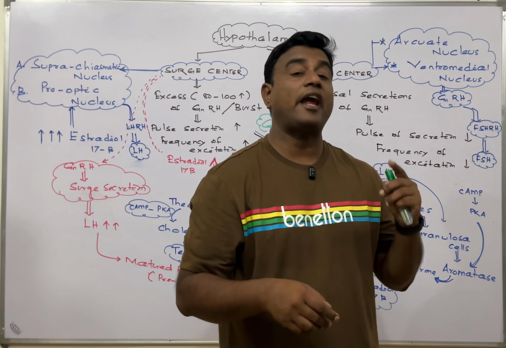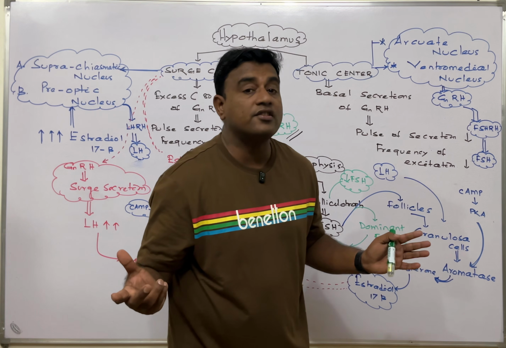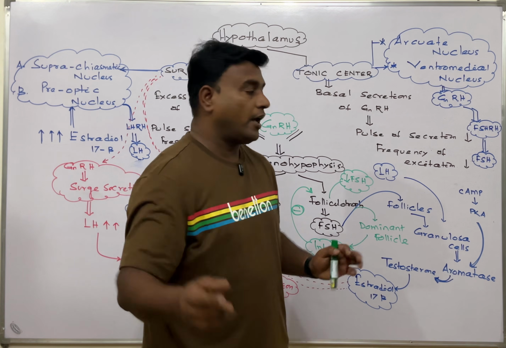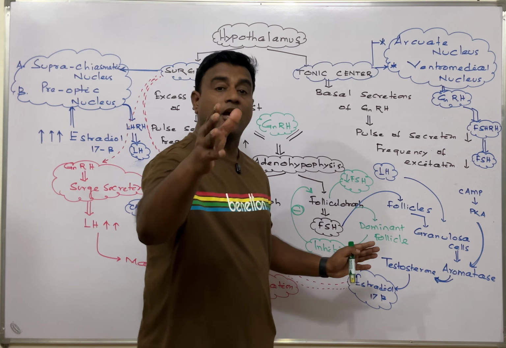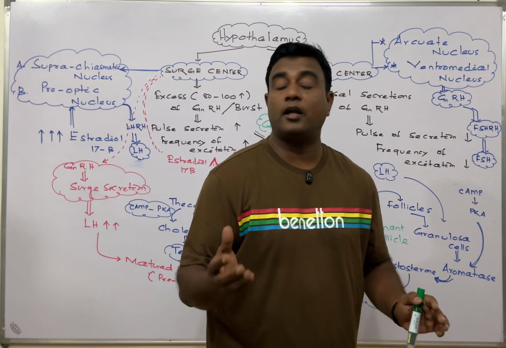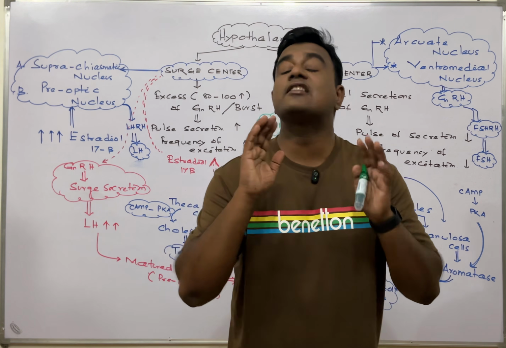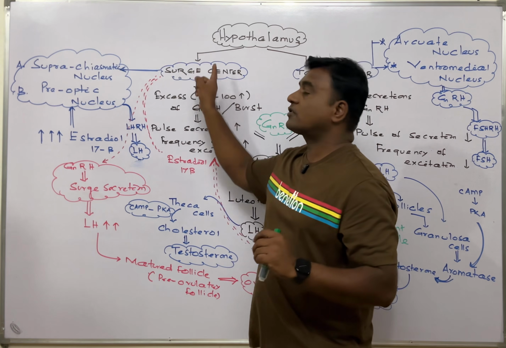This testosterone enters the granulosa cells, where it meets its counterpart enzyme known as aromatase, and that converts this testosterone into estradiol 17 beta. But the circulating level of estradiol 17 beta is low and is not able to stimulate the surge center.